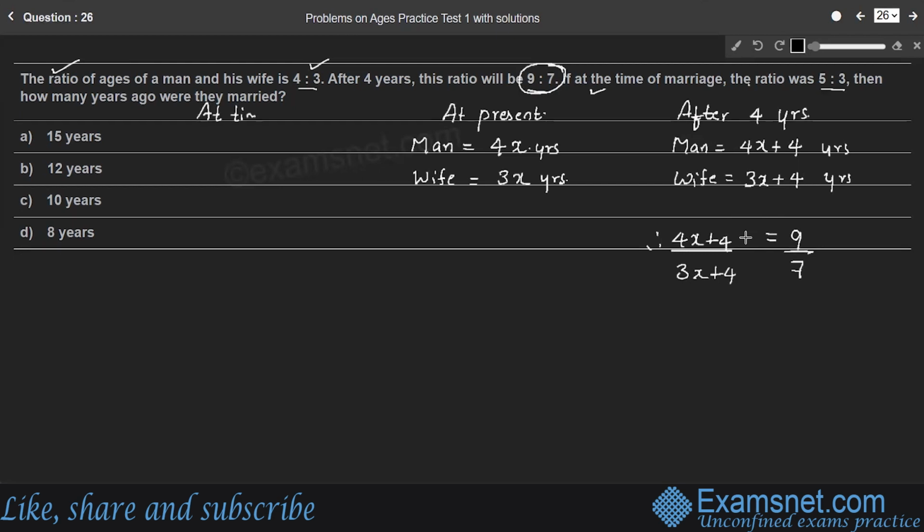So at the time of marriage, we'll consider T be the time. So at that time they were married, like T years ago.